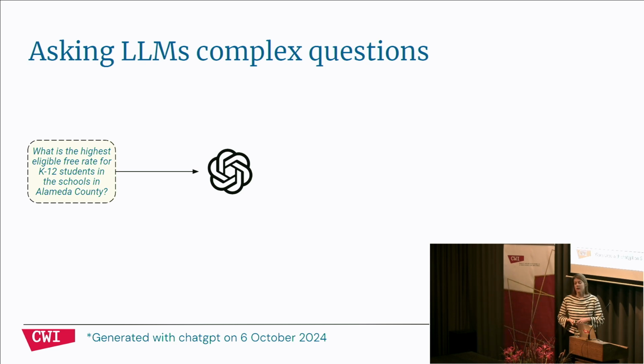Talking about the kind of questions that we are asking, well, this question here might not really look or sound familiar to you, but what's the highest eligible free rate for K-12 students? Very specific to the US. Fortunately, we have ChatGPT, and ChatGPT knows exactly what is meant in this question.